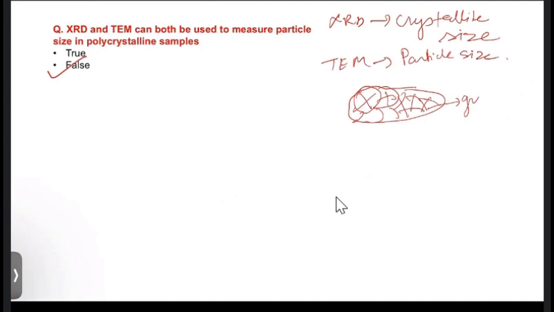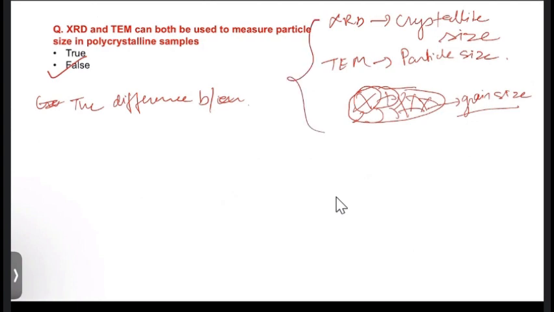This has a grain size. In the next class, you will tell me the difference between all three sizes: crystallite size, particle size, and grain size.